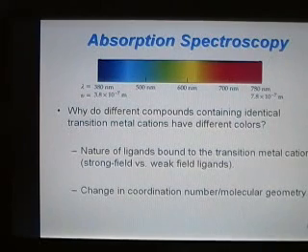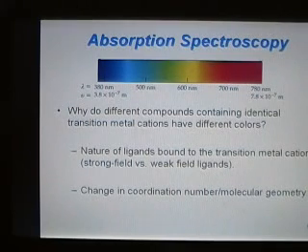That changes the electronic structure of the compound. If you have a weak field ligand, though, you'll have a high spin complex, and that should lead to different physical properties. Also, changes in coordination number or molecular geometries will affect the absorption spectra of a compound.